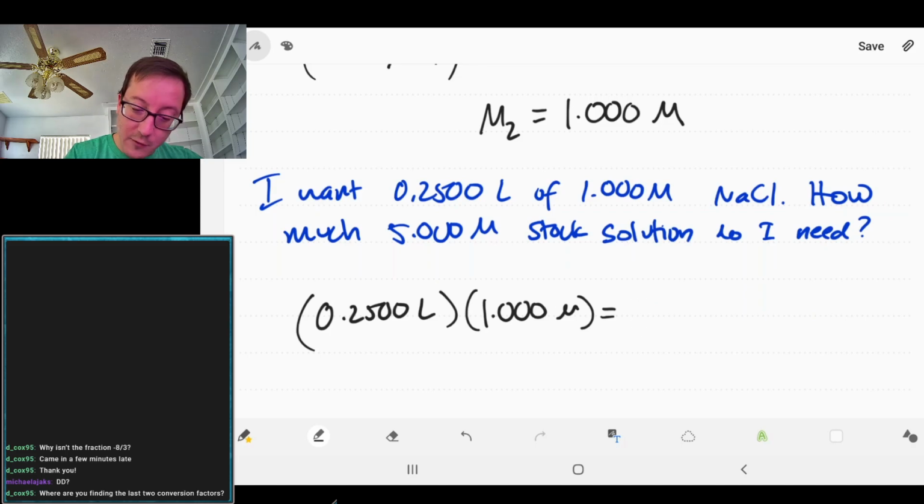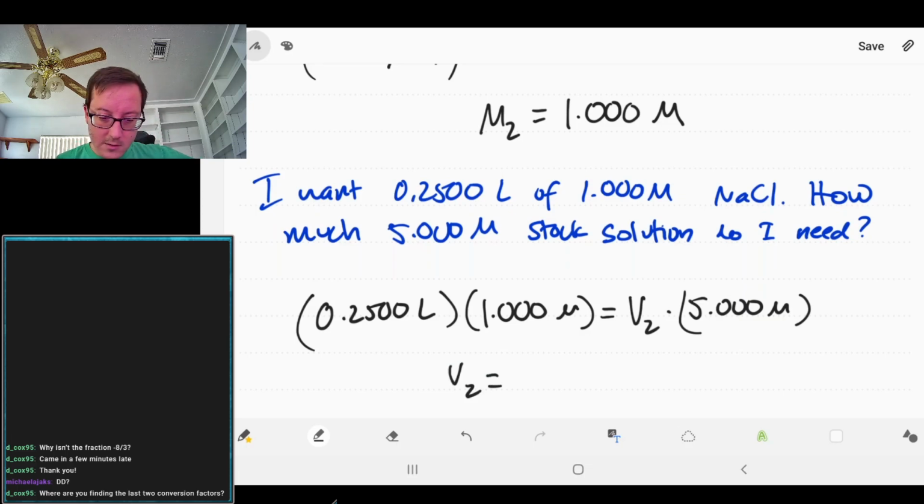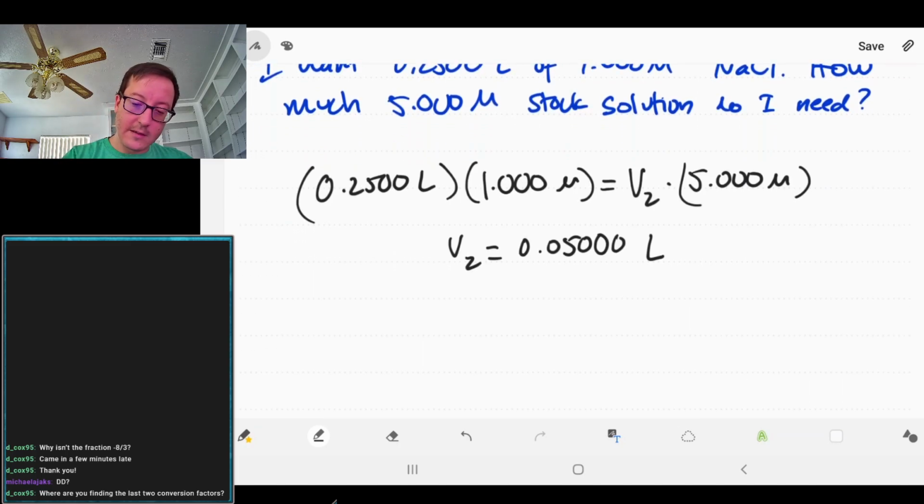In this case, we're looking for how much, so it's a volume, times 5. So V2, divide this by 5, we get 0.05 liters of this. And so, that's the same thing, by the way, 50 milliliters.